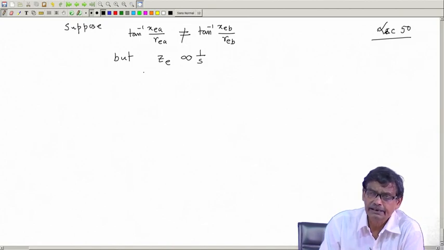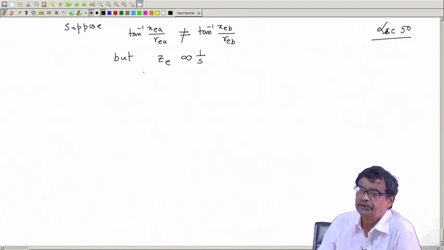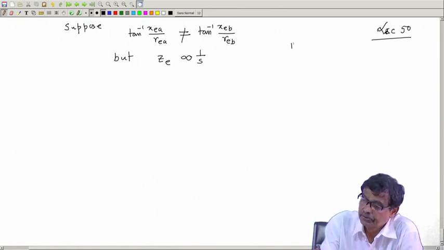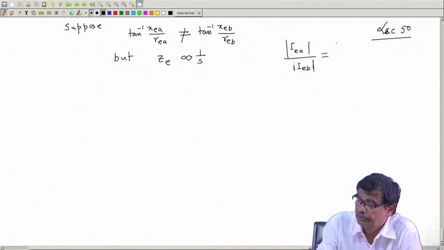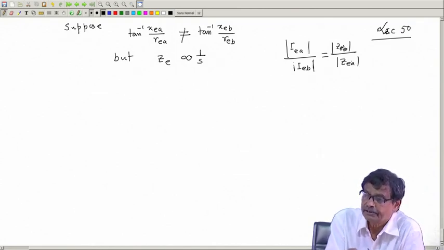So, one thing is ensured, that the ratio of the currents, magnitude of IEA by magnitude of IEB, will be ZDB by ZDA, because the KVAs are inversely proportional.